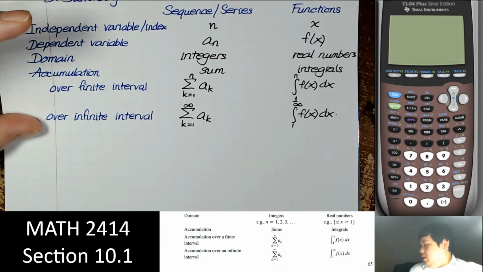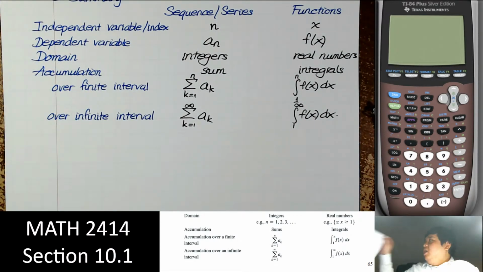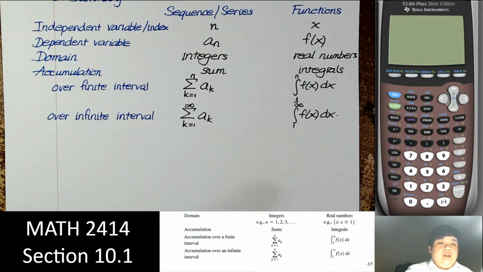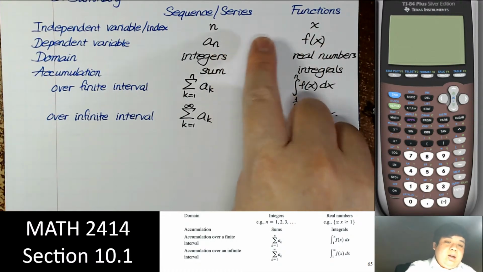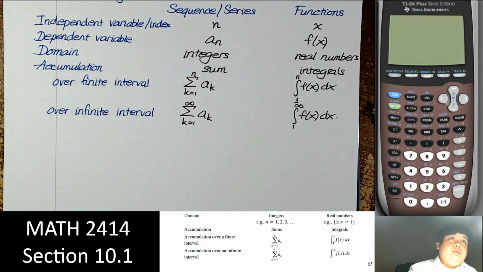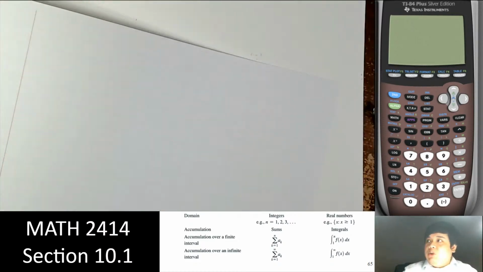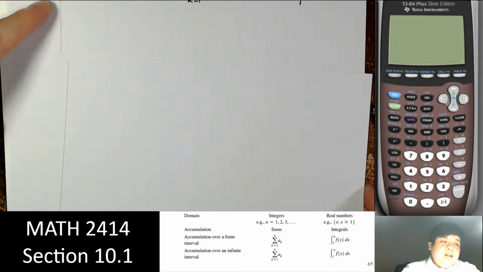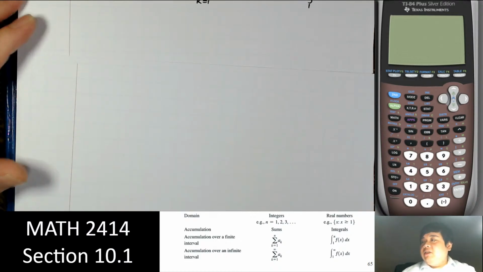The bottom line is, for a function we use f of x, and for a sequence we have the term a sub n. It's just different notation. We don't use subscripts in a function; we use parentheses, and we use subscripts in the terms of a sequence. With that, we go to the next section.